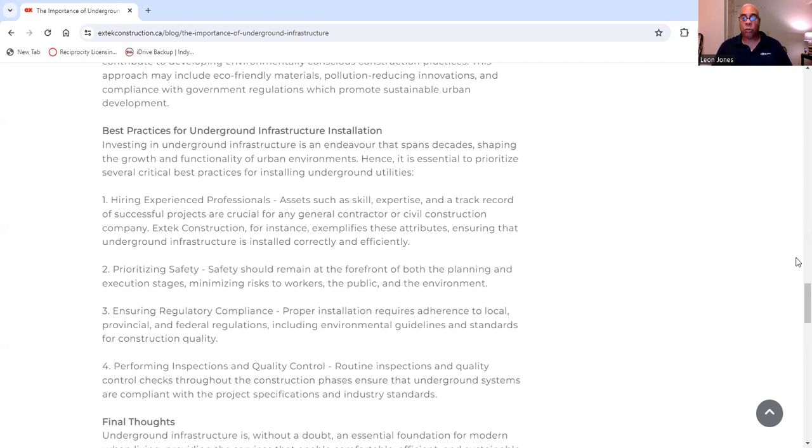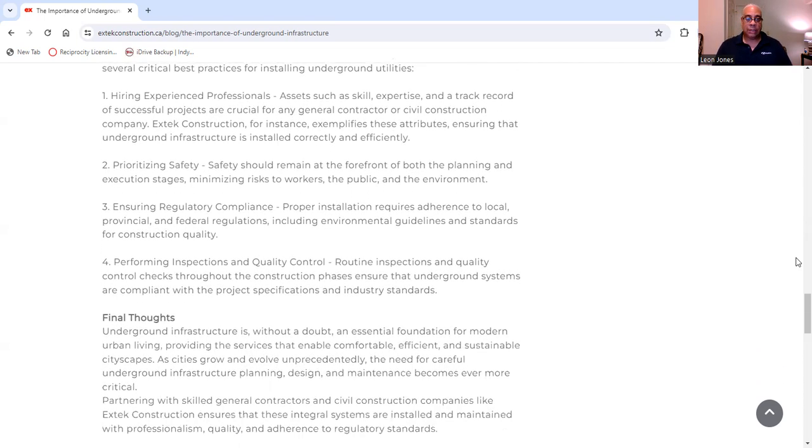Now, this last one is very important too, and this is what I do at work: performing inspections and quality control. Your designs, your planning could be numero uno, but it's the actual field inspection that shows how good your design was.